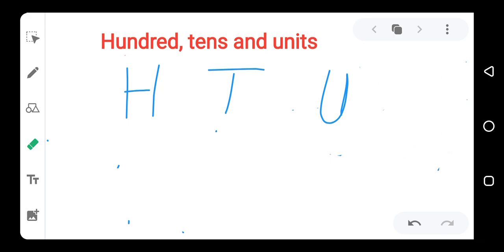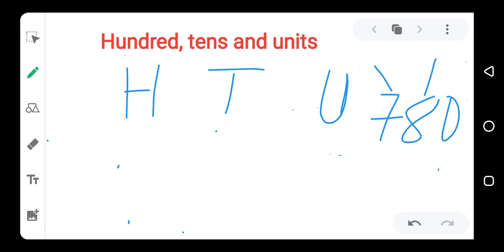If we have 780, how are we going to write it? The first thing is that we know that it has 3 digits.